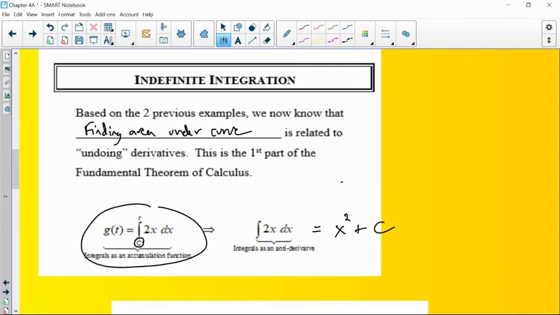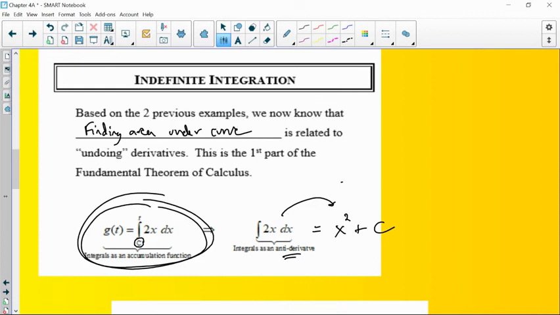I want to make sure we understand the two. I can get a definite answer here because it's an accumulation function measuring area at a fixed point. Here, we're just interested in an antiderivative. In other words, give me the family of functions that I would have gotten if I knew what my accumulation function was.